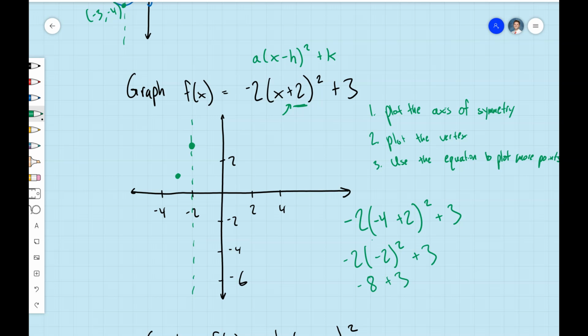And then negative 8 plus 3 is negative 5. So when x is negative 4, f of x is negative 5. And then, like I said, we can use our axis of symmetry to plot these corresponding points. So we would have a point here at 3, 1, and a point here at 0, negative 5. And now we can draw the graph of our parabola.